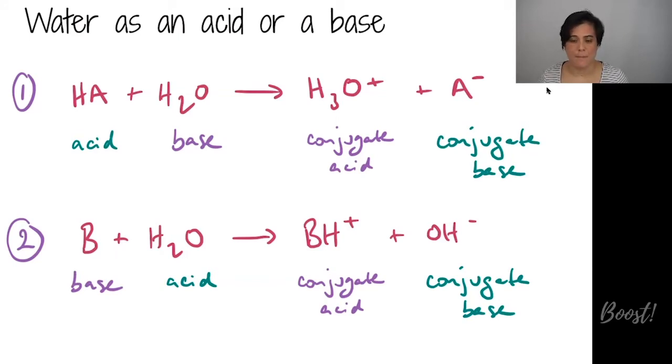Commonly in the exam, what we'll see is 2 different weak acids, and we'll have information either from data or from the question about which one is the stronger acid. And as I said, depending on what else is in the solution, some things may act as acids sometimes and bases other times.